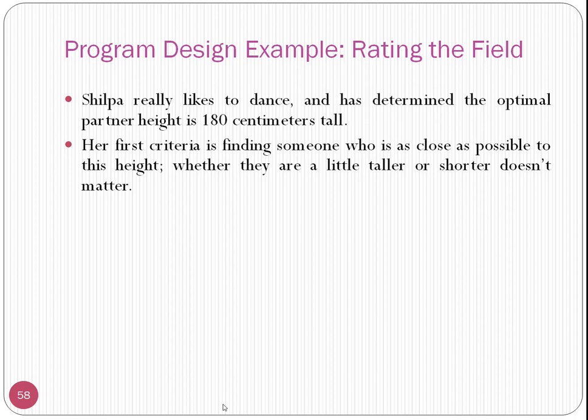Means the height of her partner should be 180 centimeters tall, or if it is lesser or taller, it doesn't matter. If it is higher than 180 or less than 180, it is also accepted.